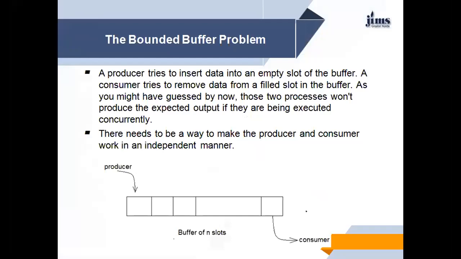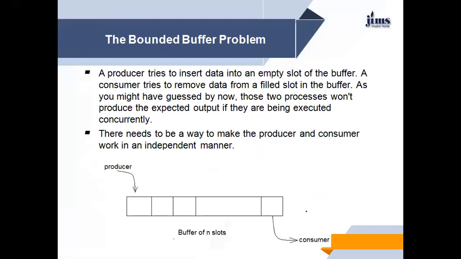So the code for the producer process and the consumer process is simple: the producer is to produce and the consumer is to consume. Note the symmetry between the producer and the consumer.